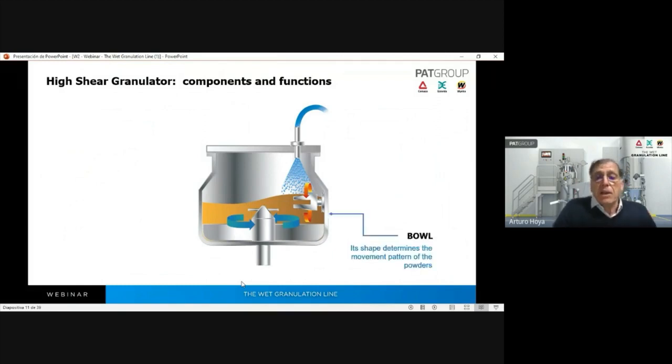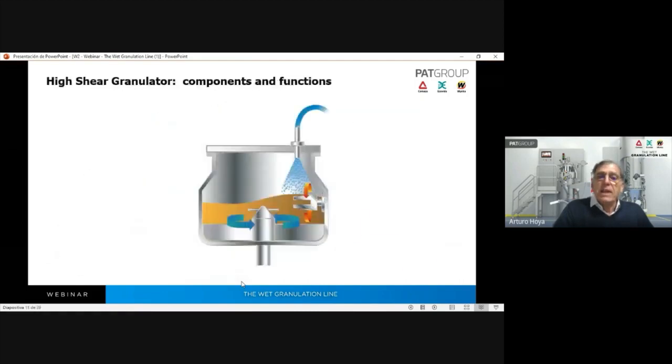Look at this. You have a bowl or container. This is very important because the shape of the bowl determines the movement pattern of the powder, and this movement will impact the size, the enlargement of the granules.